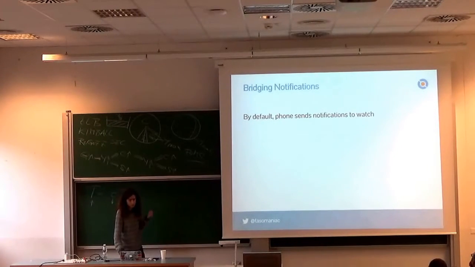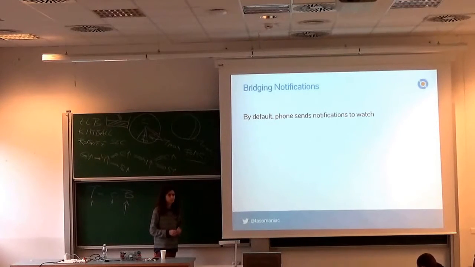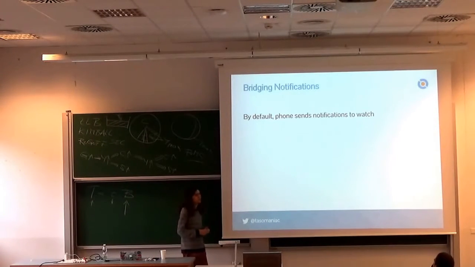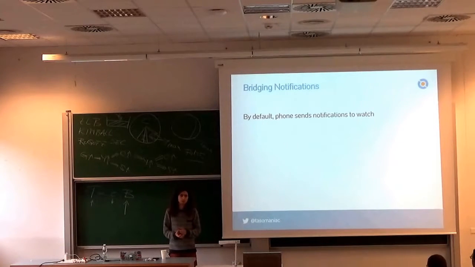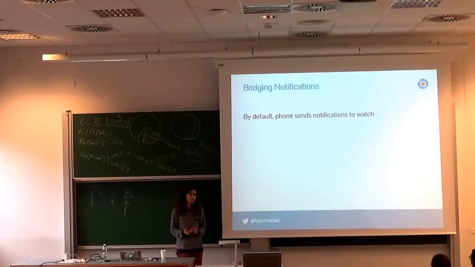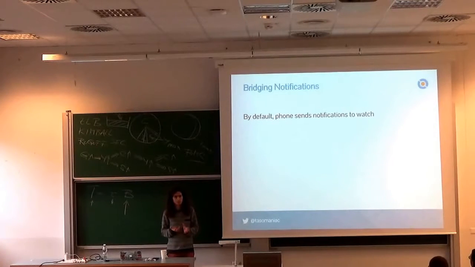So this is also related to standalone applications. When you have a simple scenario where you optimize your notifications coming from the phone, that's really easy. You just specify Android Wear specific things, and then they are automatically displayed in Android Wear when you don't have a standalone application.